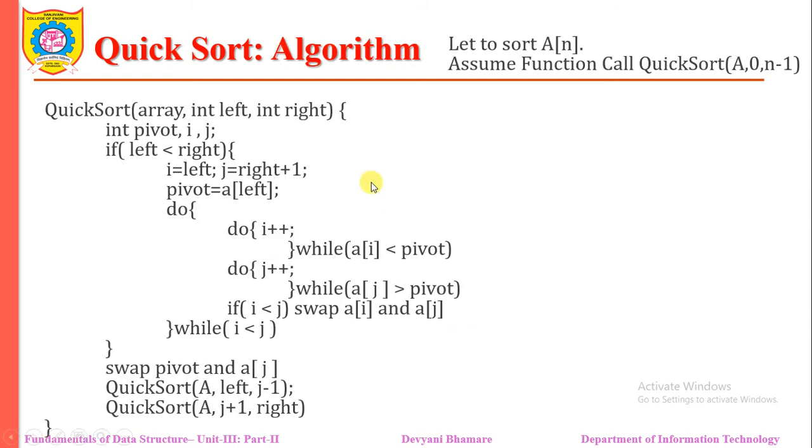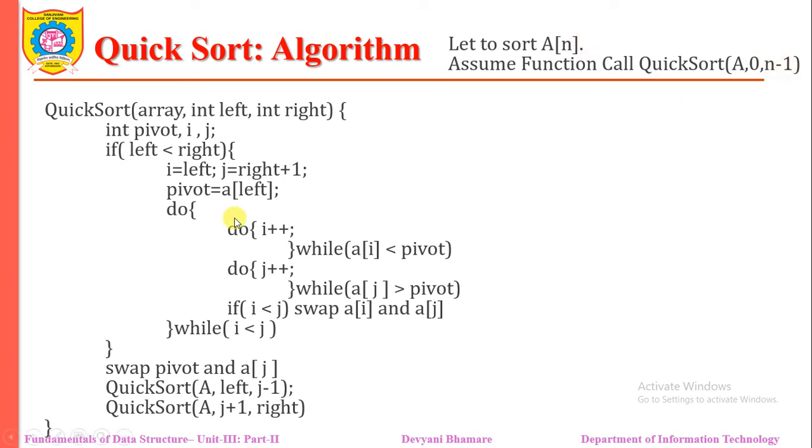This is the algorithm specified for quicksort, where we take the entire array, a left counter and a right counter. Initially the left counter points to the lowest index, index 0, and the right counter points to the highest index, n minus 1.